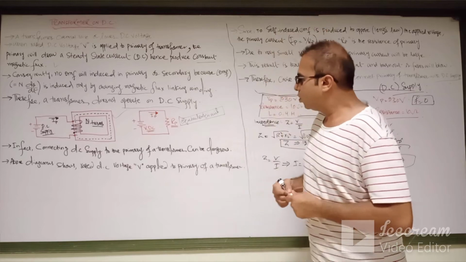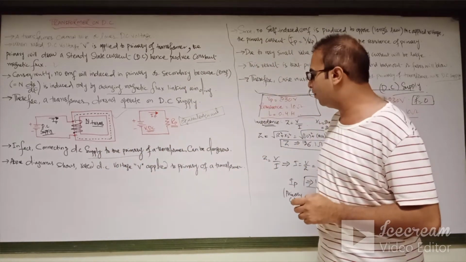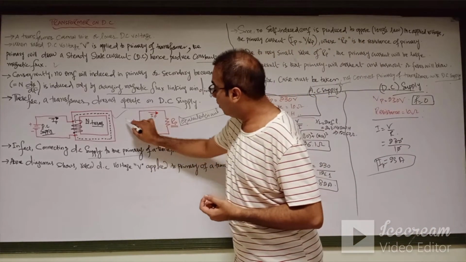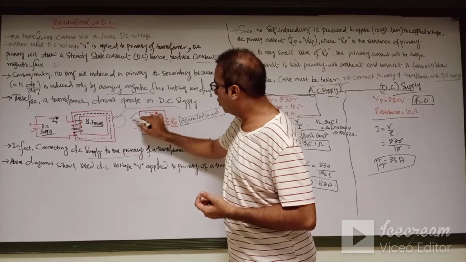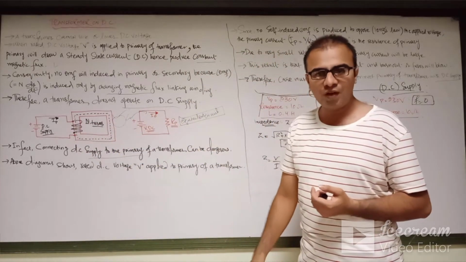In fact, connecting the DC supply to the primary winding of the transformer can be dangerous. Why? The above two diagrams show the DC supply connected with the transformer.